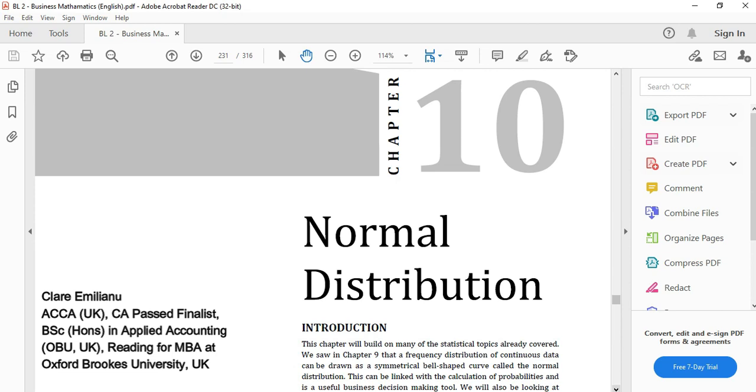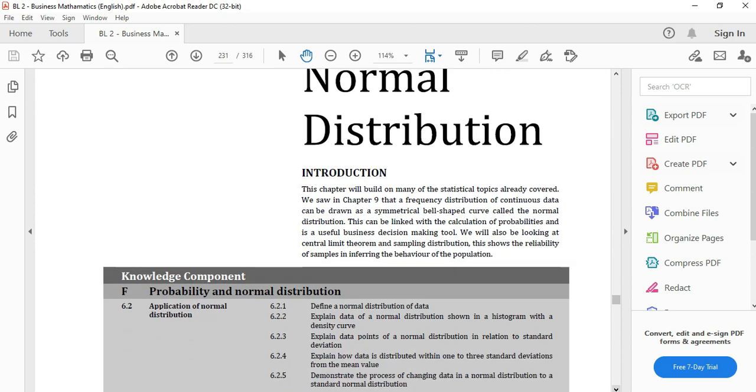So I suggest the key thing is to memorize the formula and understand its components so that you could apply the formula to any given scenario, because if you look at your revision kit, they have given questions in a way that they ask around the normal distribution formula. Alright.